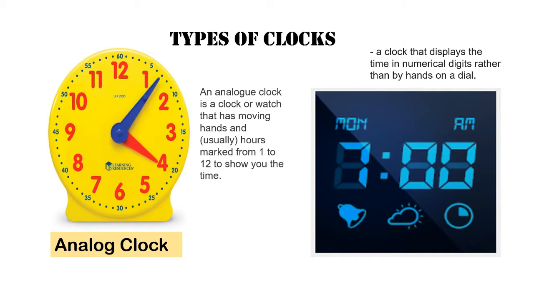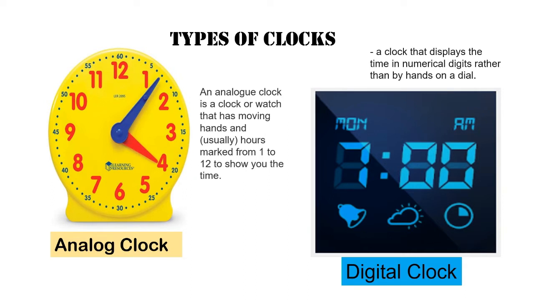Next is, the second one is digital clock. A digital clock is a clock that displays the time in numeral digits rather than by hands on a dial. A digital clock is an alternative to a traditional analog clock.